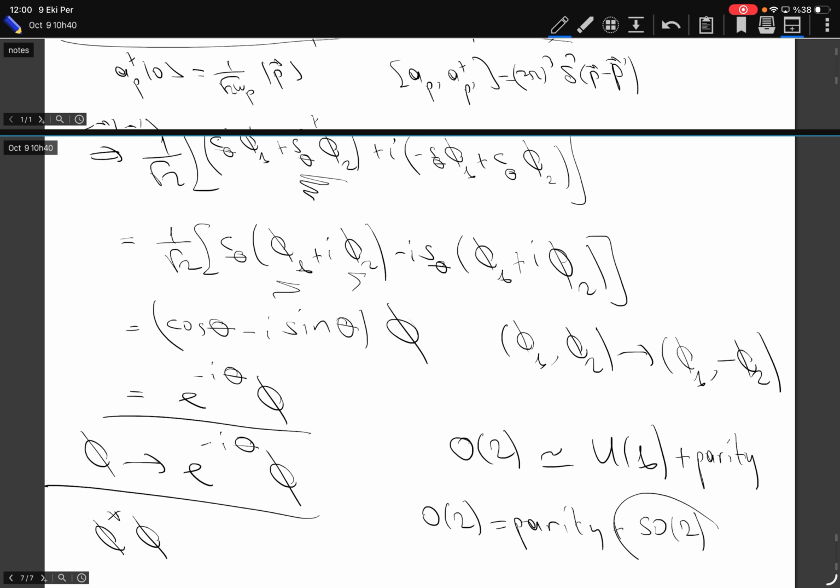Rotations is what we call the SO2, and rotations corresponds to U1. So these two correspond to each other. Now my initial theory also had this parity symmetry, this one. My final theory also has the same parity symmetry, which corresponds to phi goes to phi star.